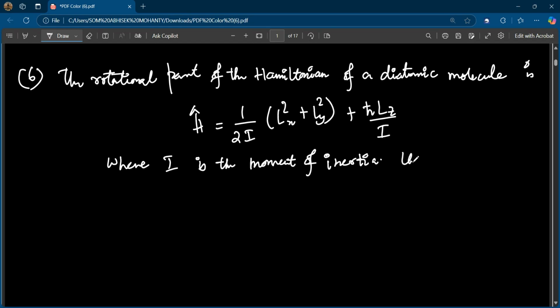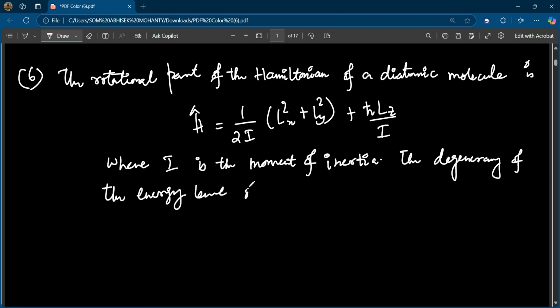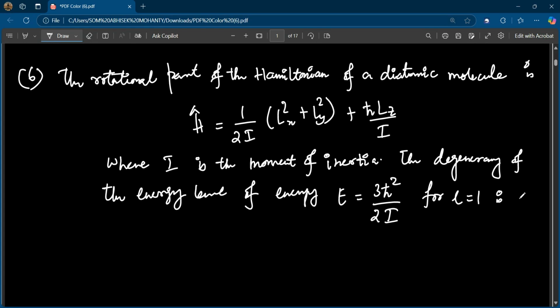So the degeneracy of the energy level of energy E equal to 3 h cut square by 2I, for L equal to 1, is: option A 1, option B 3, option C 4, option D 5.